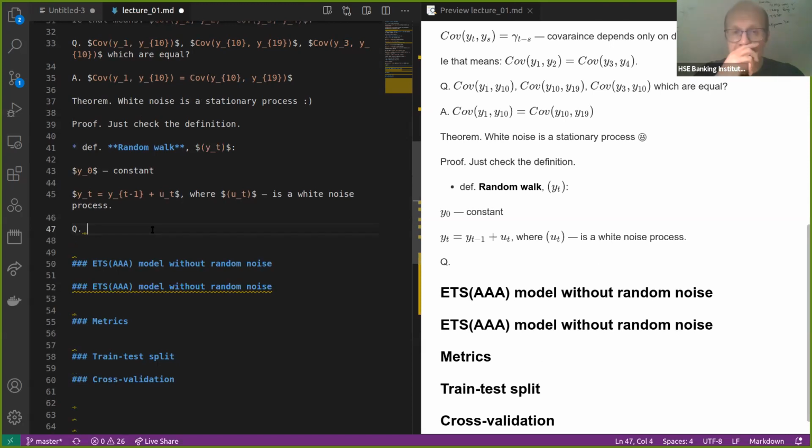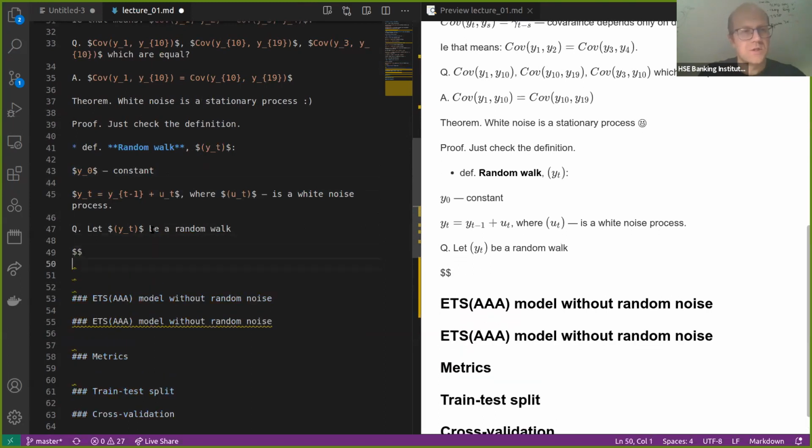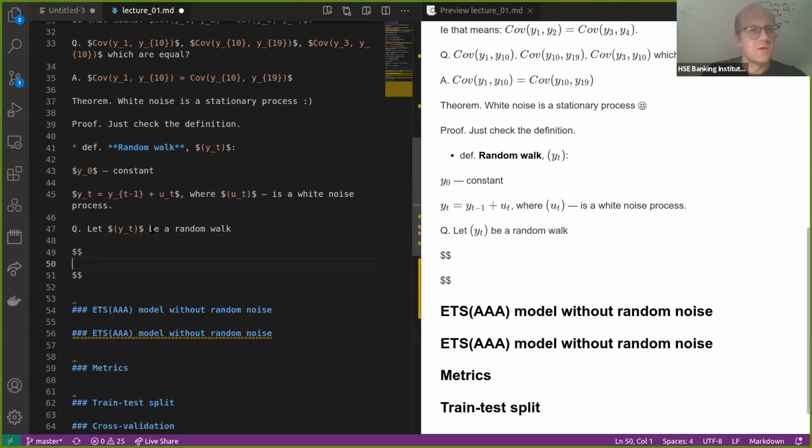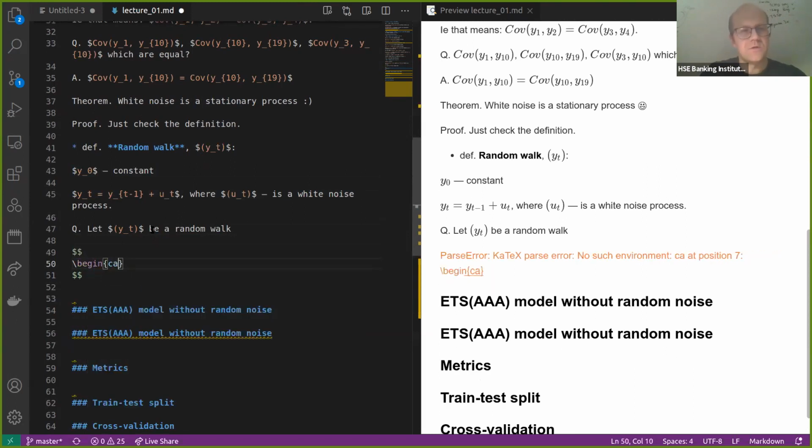My small question is: let Yt be a random walk, and let's write a system of equations.